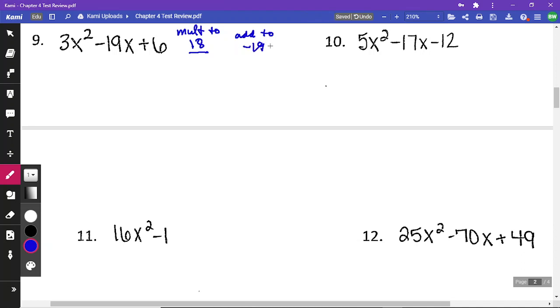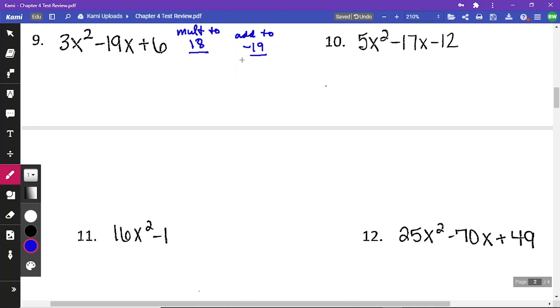And remember what we're going to do. Once we find those numbers, we have more work to do than the other kind. We have a couple extra steps. So we do not just plop them into the binomials like we do when A is 1. So let's find our numbers.